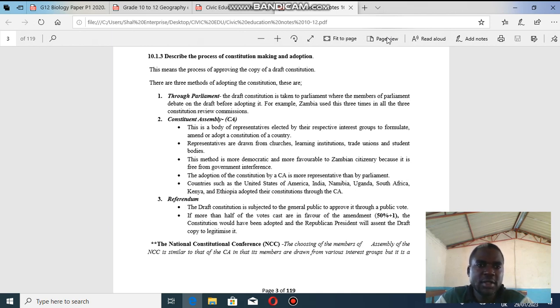So this is the process of approving a copy of a draft constitution. Constitutional making and adoption is the process of approving a copy of a draft constitution. If it has not been adopted and signed, it's no law, it's not yet a constitution but a draft constitution.